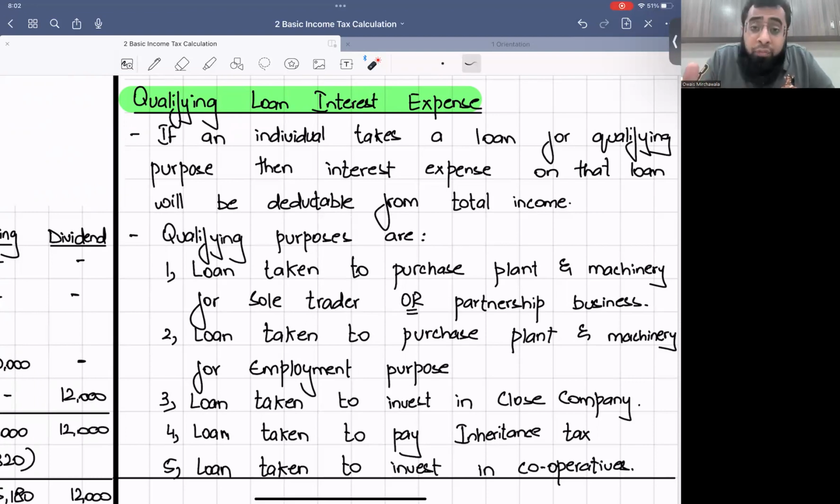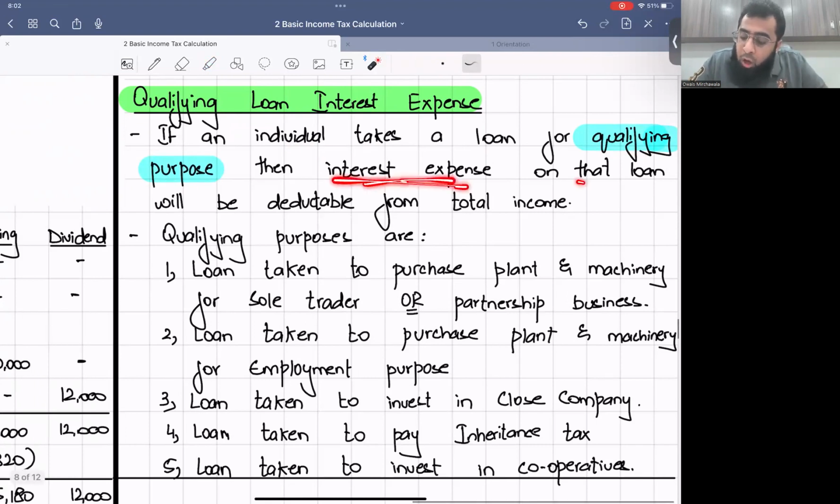Now, what is this qualifying purpose? How do we deduct from total income? Let's look at it. We'll discuss qualifying purpose. Then interest expense on that loan will be deductible from total income.